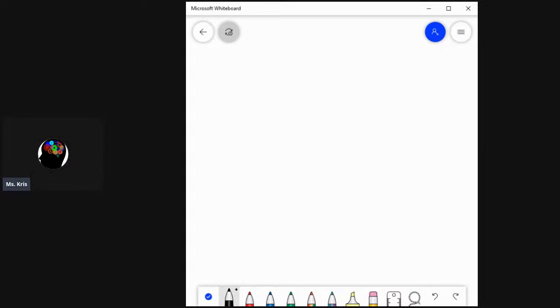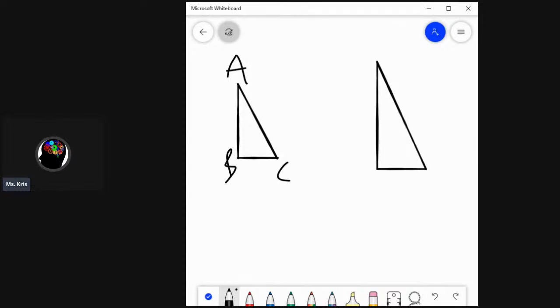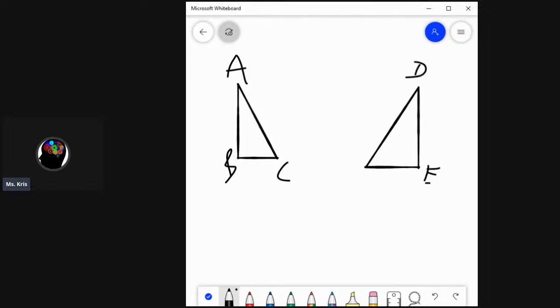So say, for instance, if I have triangle A, B, C, and triangle D, E, F. To know that they are reflections of each other, the points must flip in the same pattern, but be on the same side.